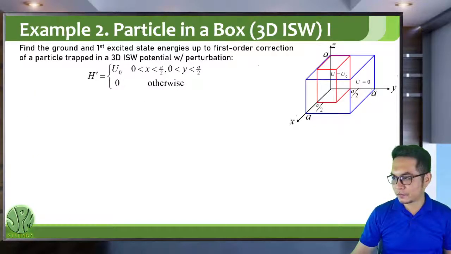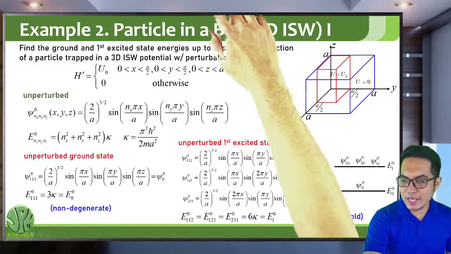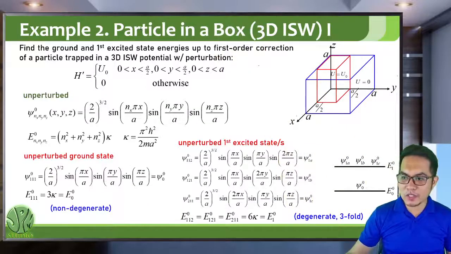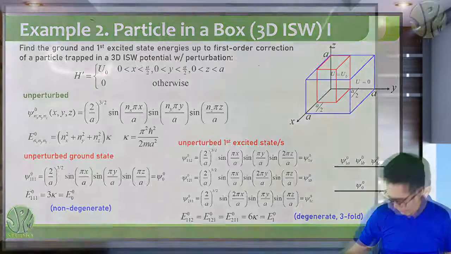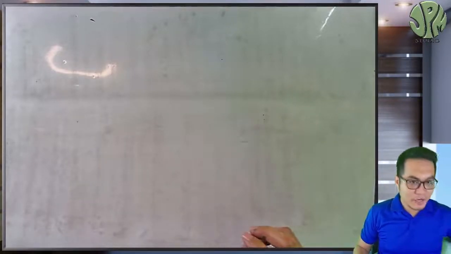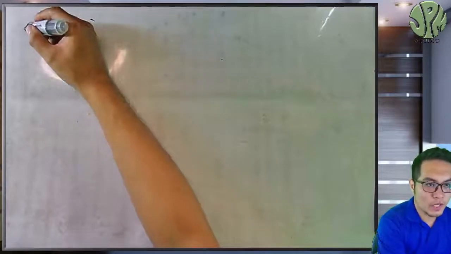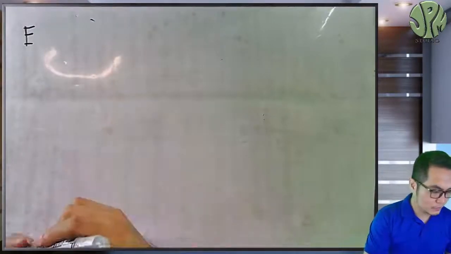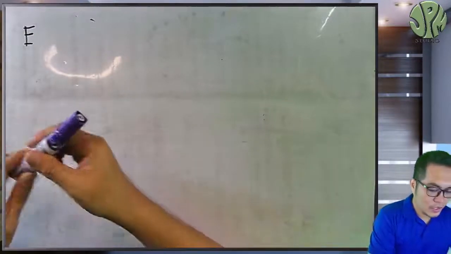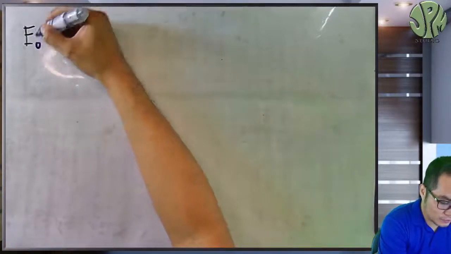Okay, so let's start with the ground state. The ground state is a non-degenerate case, so we will use non-degenerate perturbation theory. We call the ground state energy E00.